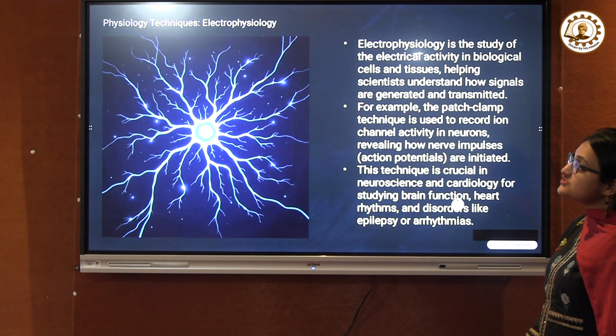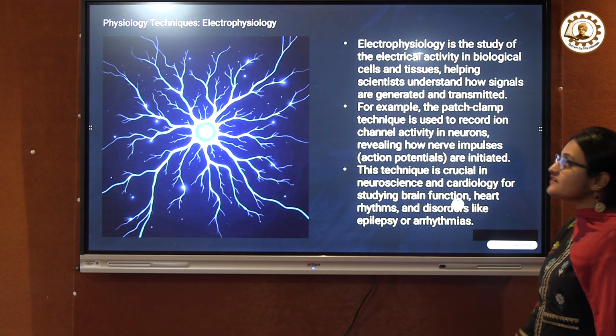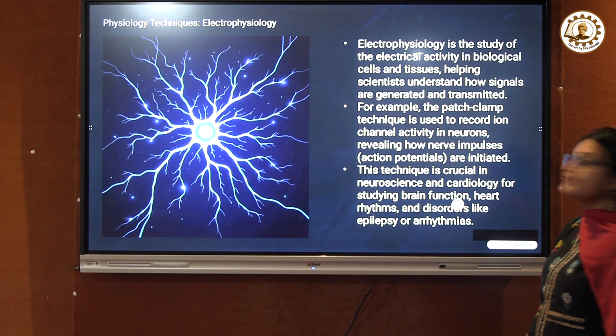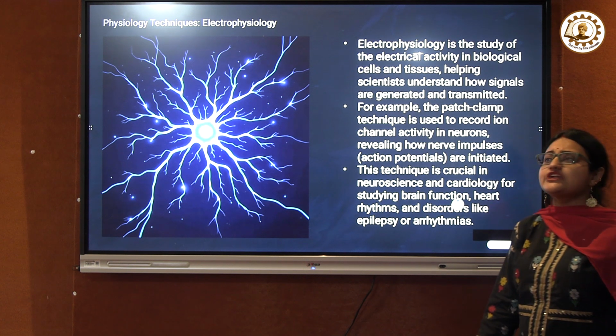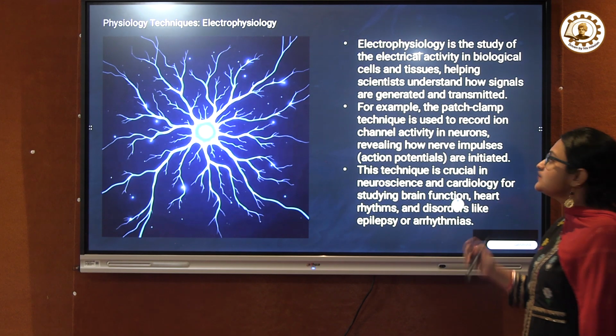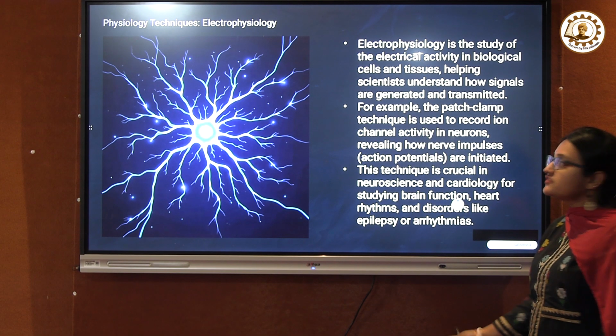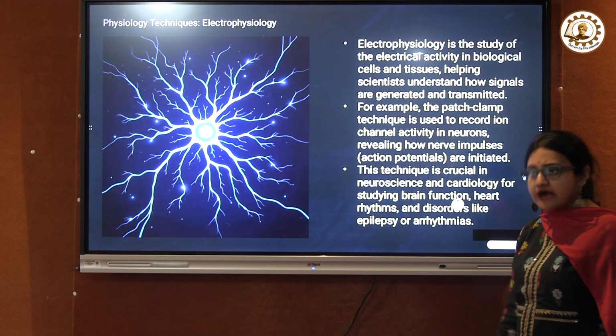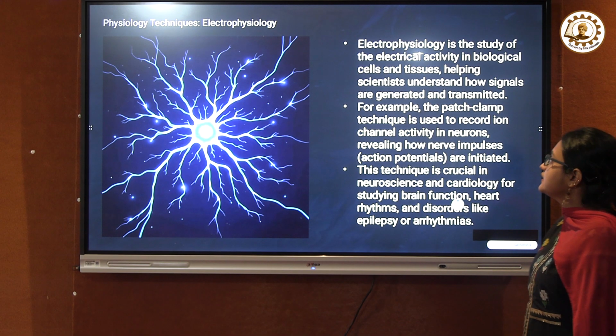Now physiological techniques, also known as electrophysiological techniques. You have already heard about ECG in the heart and EEG in the brain. These are all electrophysiological techniques used in the diagnostic laboratory.